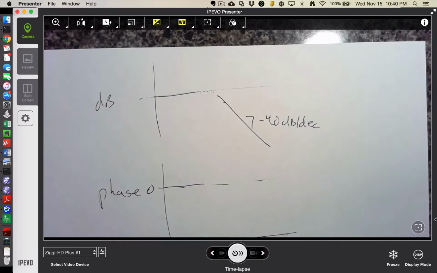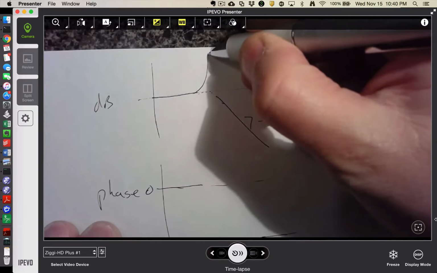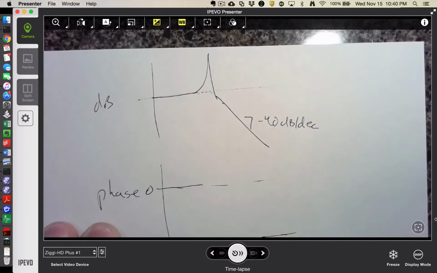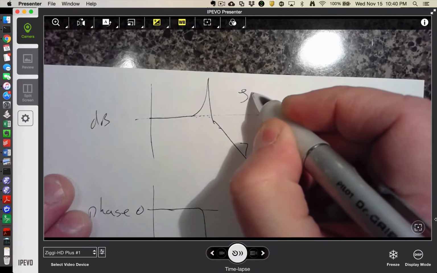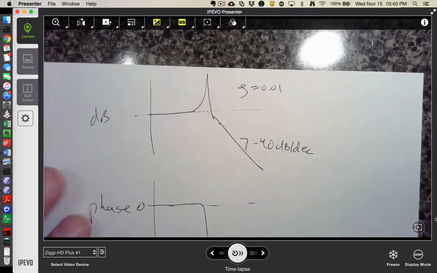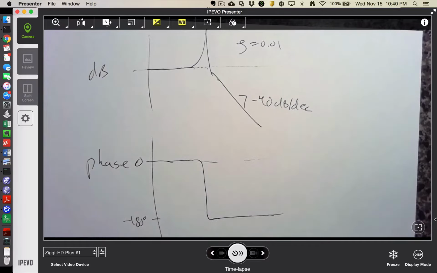So what happens is that the shape of the Bode plot near resonance depends on zeta. So if I have a really, really small zeta, I might have a really large, really sharp peak, and I might have a really quick transition. So that would be zeta, say, equal to 0.01 or something. But then I could also, I don't see a different color marker, so I'll just do a dashed line.